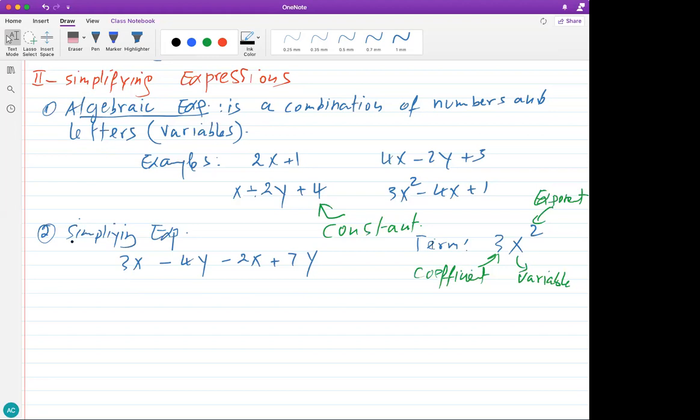Everybody, I'm waiting for your opinions. How do we simplify this expression? When we add the x's together and then the y's, so we add 3 plus 2, which is 5x plus, is that 11y?